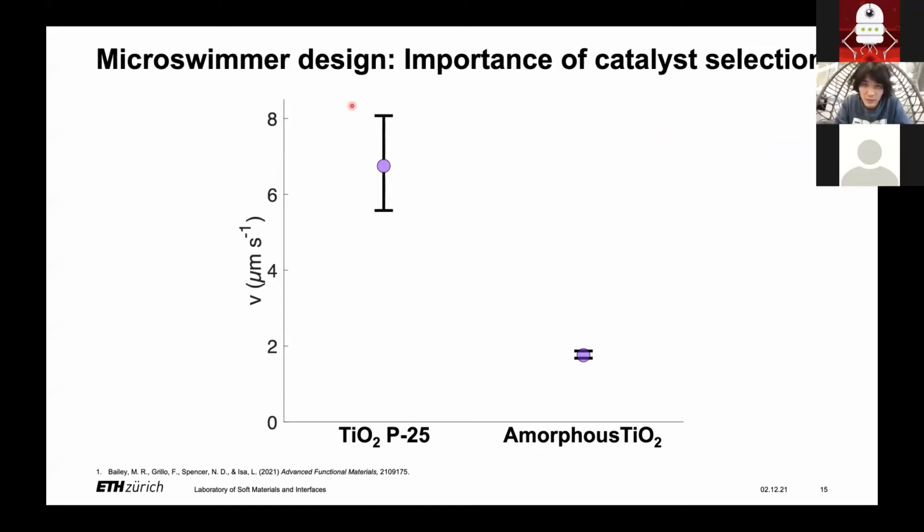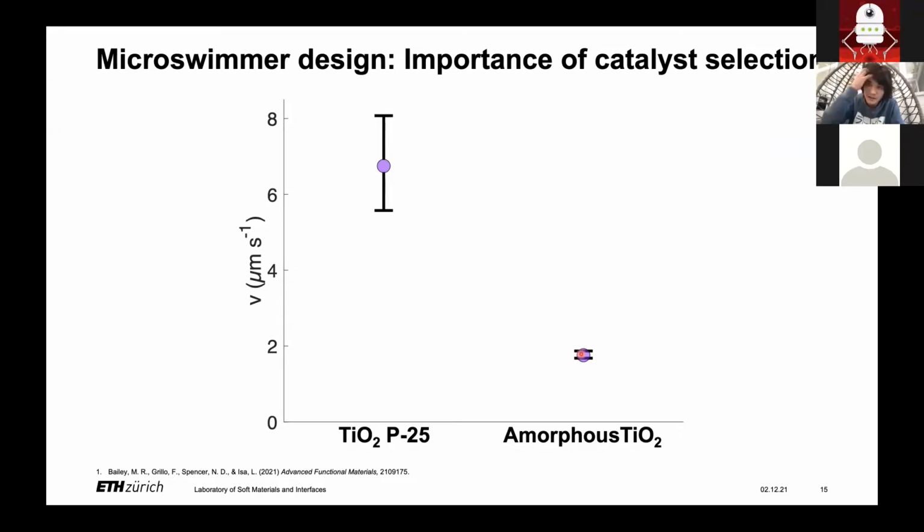So we see, for example, for the P25 system, which is a well-established industrial photocatalyst, which is a mixture of anatase, rutile, and amorphous phases of titania, we see much higher swimming speeds compared to just the amorphous phase itself, which is known to be quite photocatalytically inactive. So again, it gives hints that we can really tune the activity of the microswimmers.